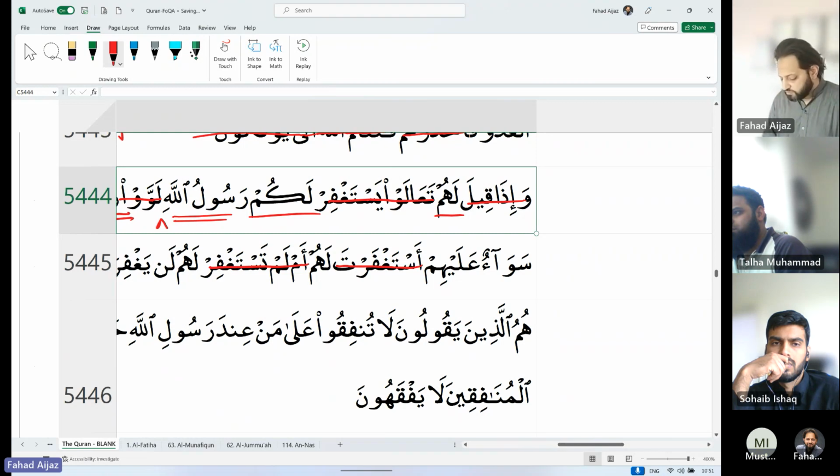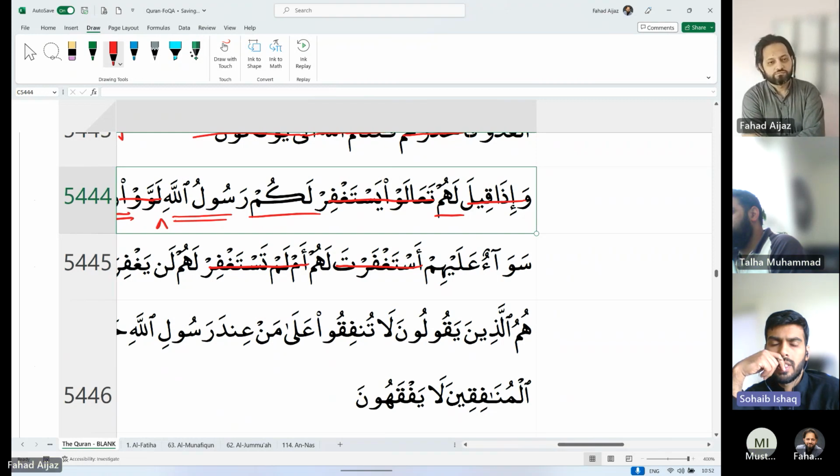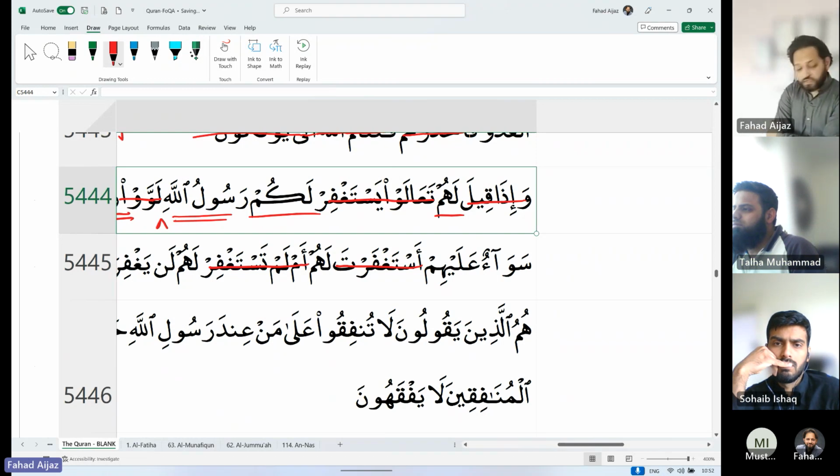So sawa'un alayhim. Idafa with light with no al followed by jar? What is light? Sawaun. Oh, sorry, it's tanween, so it's heavy. So it cannot be idafa.